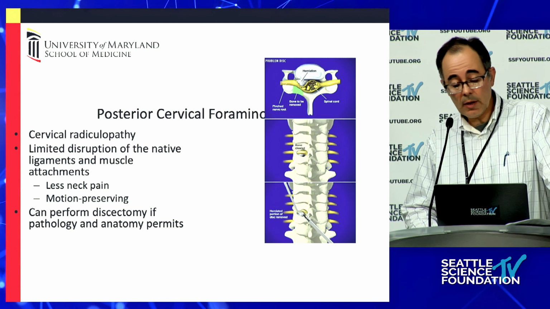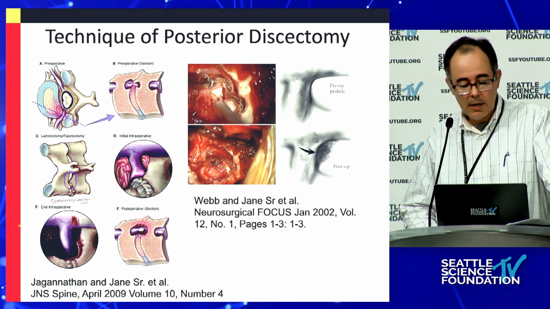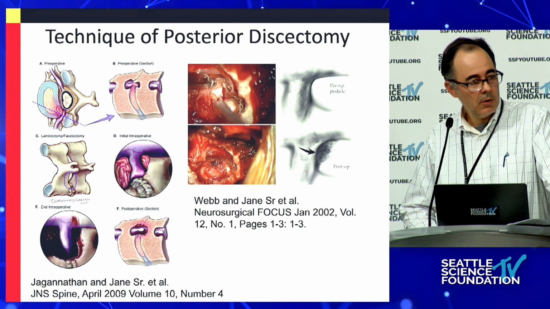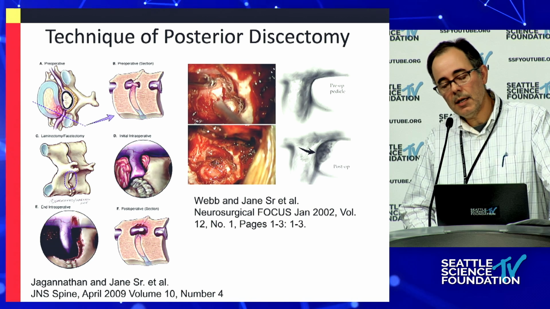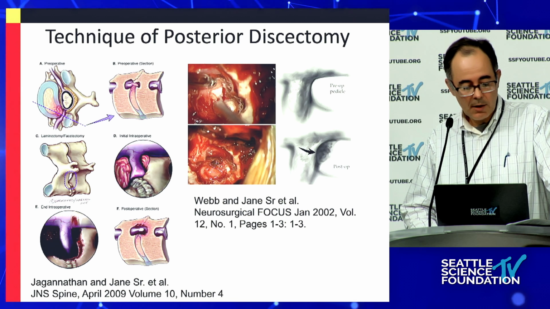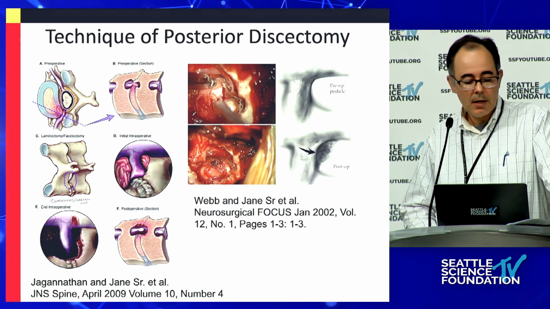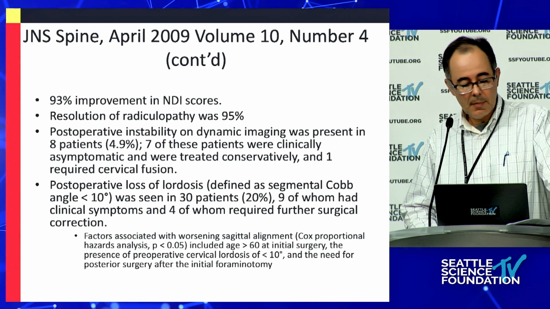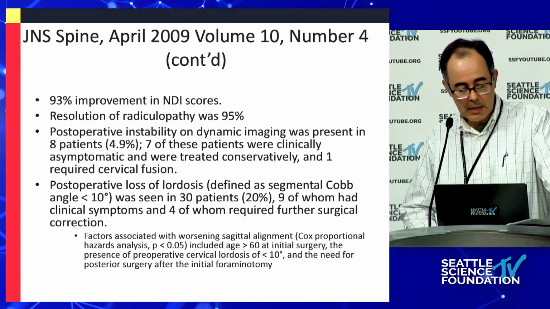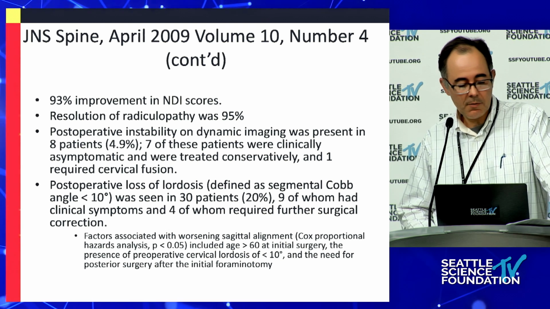Sometimes you can trim a part of the pedicle in order to improve the space for the foramen. So that's not an unusual thing to do in the setting of a foraminotomy. And the results can be very, very substantial and elegant without the sacrifice of motion.